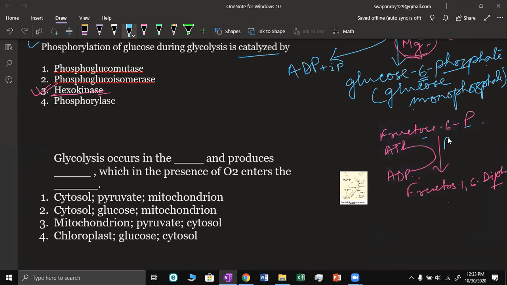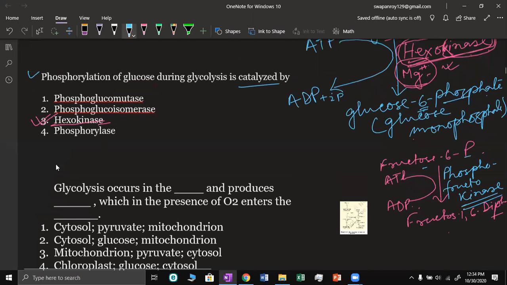So it is not hexokinase, it is specifically called phosphofructokinase. So these are kinase enzymes wherever there is phosphorylation.